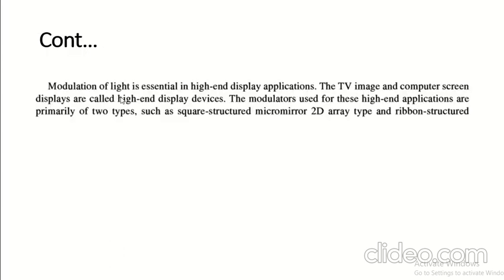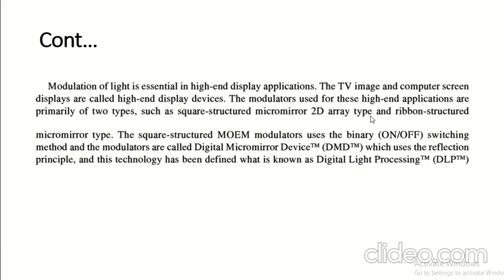So modulation of light is essential in high-end display applications. The TV image and computer screen displays are called high-end display devices. The modulators used for these high-end applications are primarily of two types: square structured micromirror, 2D array type, and ribbon structured micromirror type.